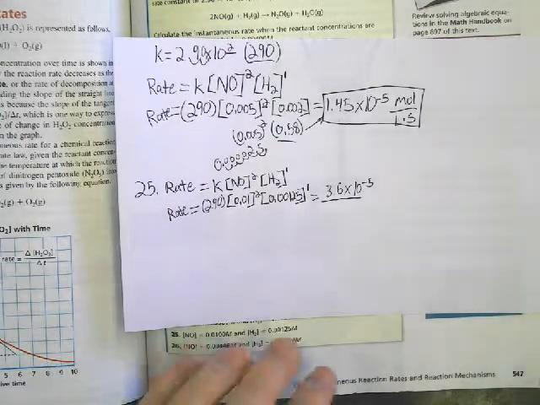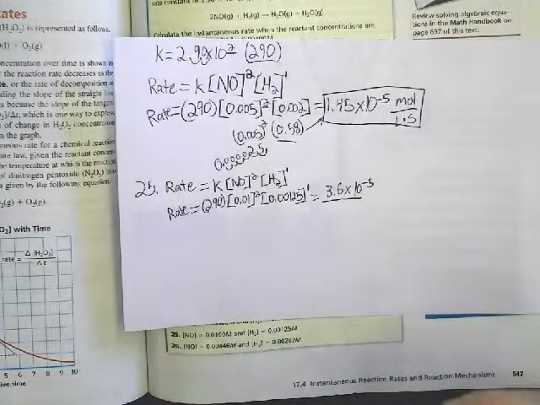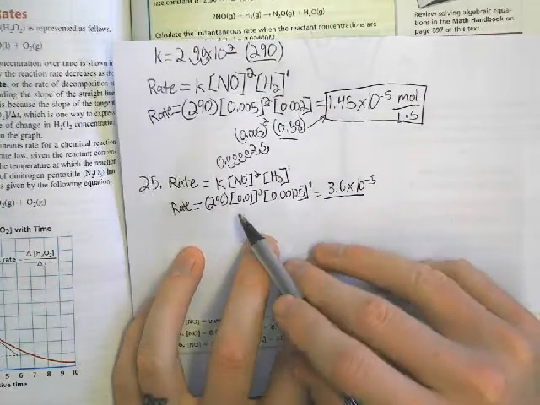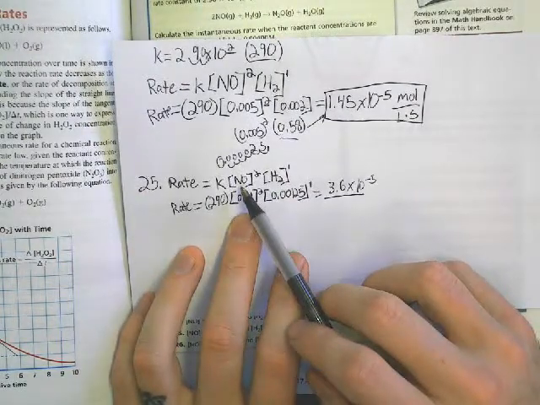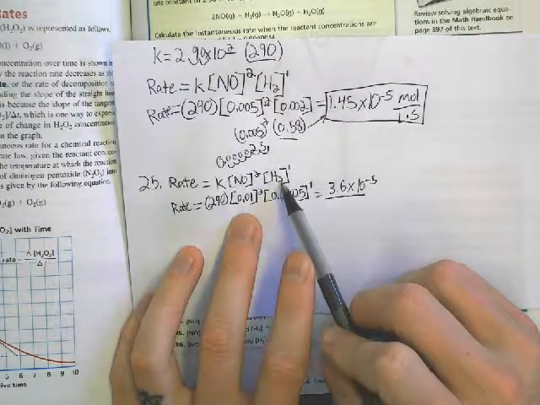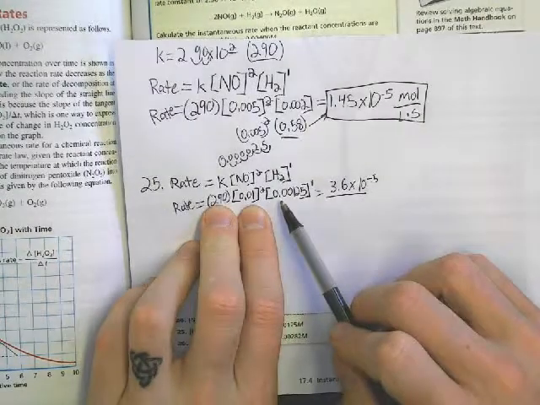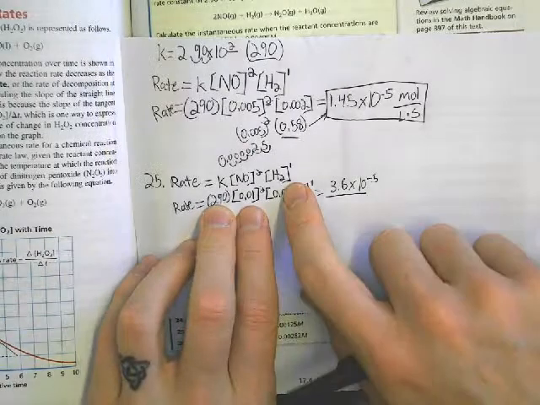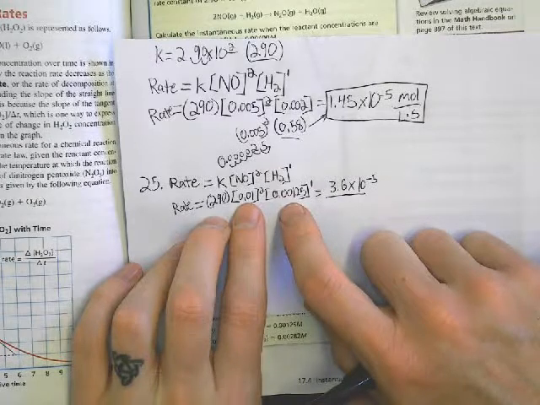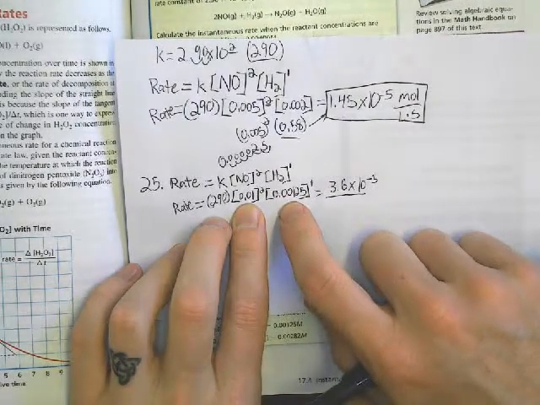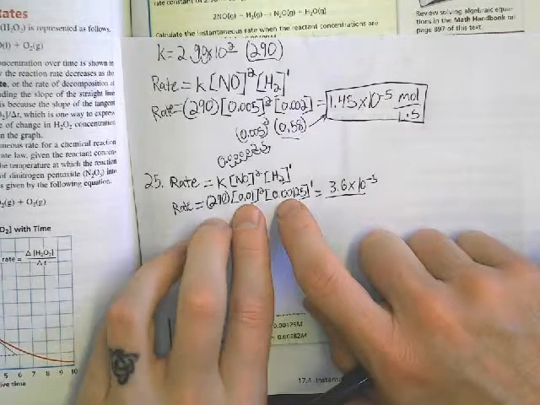One thing I do want to point out, things to notice, as you get more and more familiar with it, you'll see this. If you compare the concentration you have of NO, nitrous oxide, with the concentration you have of hydrogen, look, you got 0.01 and you've got 0.00125. So you have almost 10 times more NO than you do hydrogen, right? But if you notice, what do we have to do to this concentration?